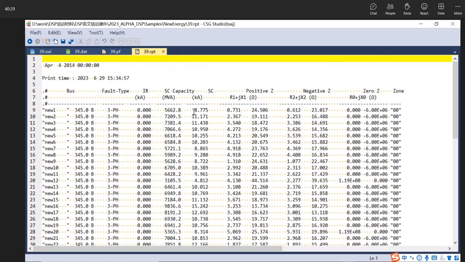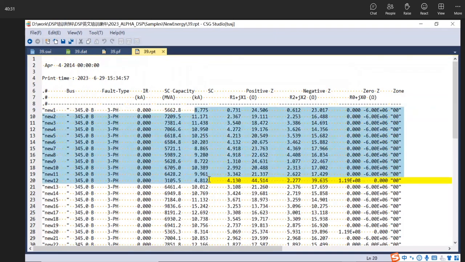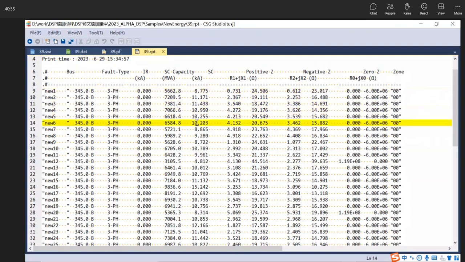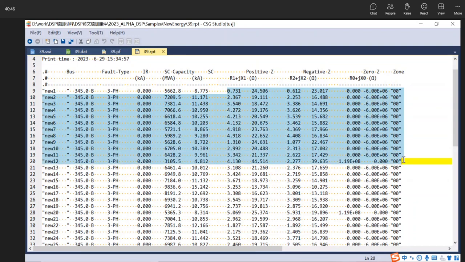You can see in this line is the short circuit current, and this line is short circuit capacity, and this is the positive, negative, and zero sequence component of the self-impedance.